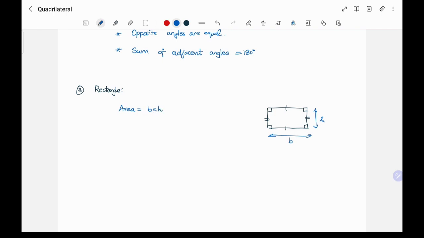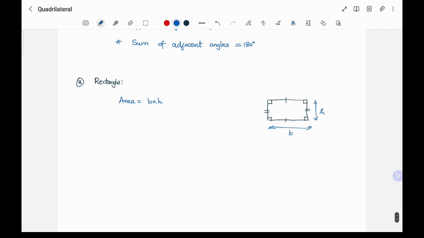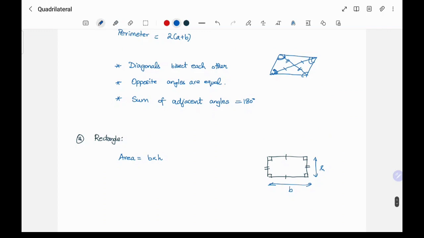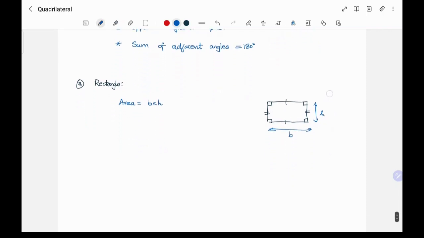All the properties of a parallelogram also hold for a rectangle, such as diagonals bisecting each other, right? And here we automatically know the sum of adjacent angles is 180 degrees and opposite angles are equal. We can also find the diagonal's length, right? Using the Pythagoras theorem, d squared is equal to h squared plus b squared, which will give you d is equal to the root of h squared plus b squared.